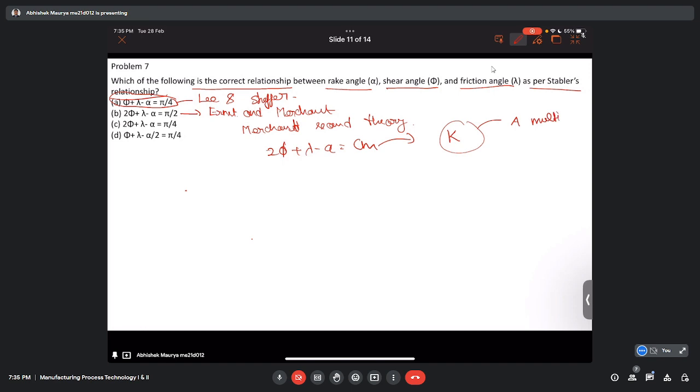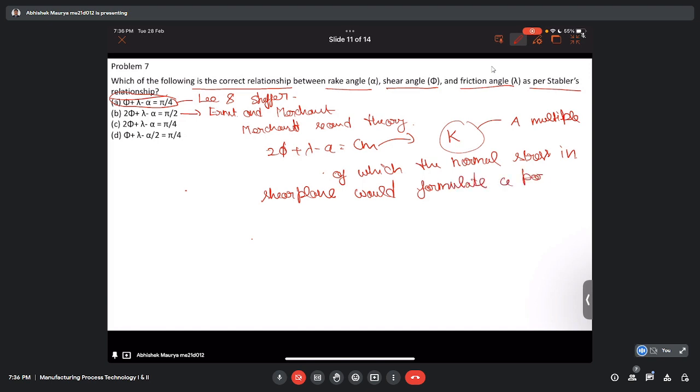It is a multiple of which the normal stress in the shear plane would formulate a part of the ultimate shear strength of the material.